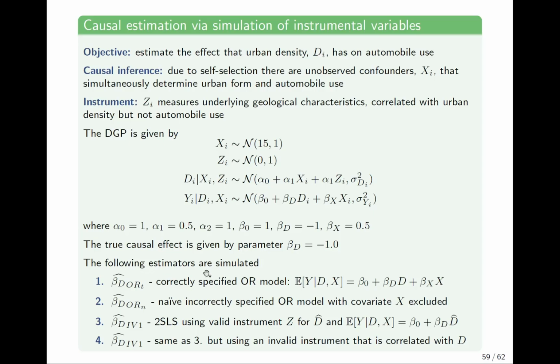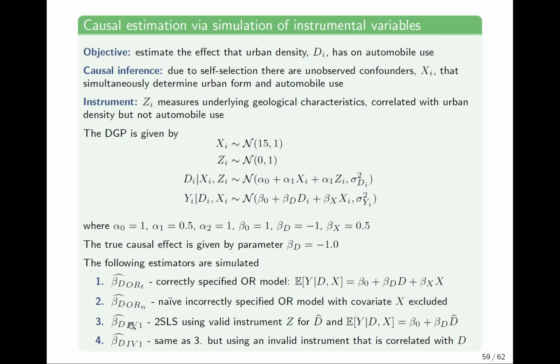So we're going to simulate the following estimators. First, for the purposes of comparison, we're going to simulate two outcome regression estimators. That is, one based on a correctly specified model where the unobserved covariates are available, they're observed in this model, so we can put them in, and that we know from previous simulations is going to give us a good answer. We're then going to look at a naive, incorrectly specified outcome regression model where the covariates X are excluded, and we know from previous results that's going to give us a bad answer, a biased estimate.